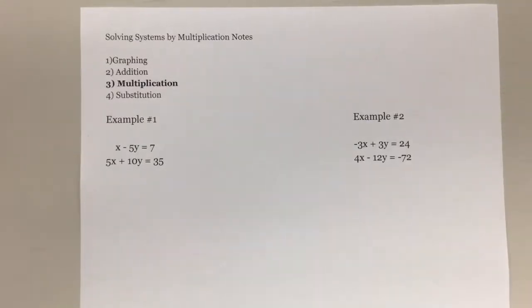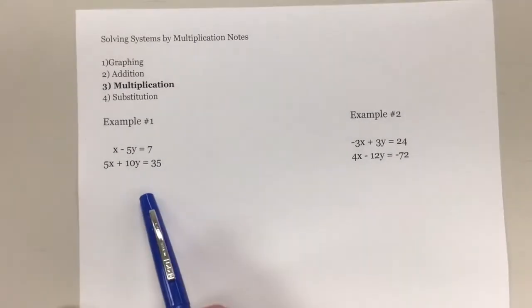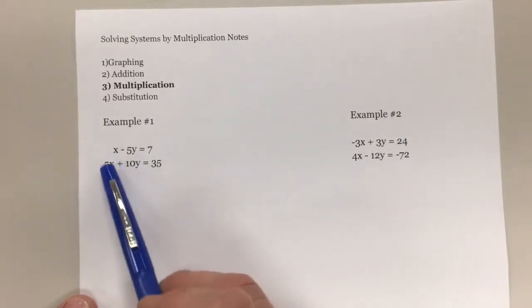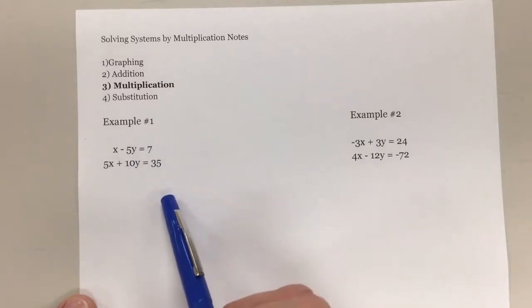Today's method is called multiplication, and it's just adding a step to the addition process. So our ultimate goal for multiplication is that we're going to turn this into an addition problem. If you look at example 1, we have two equations, and we'd like to add them together so that something cancels out.